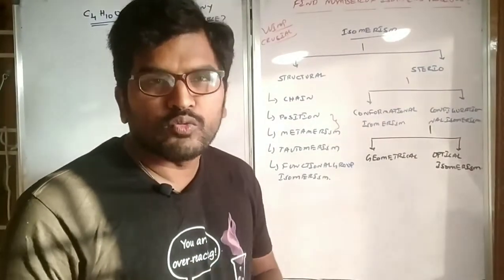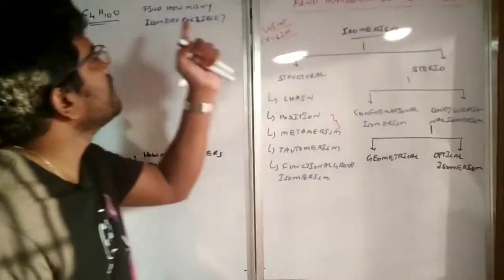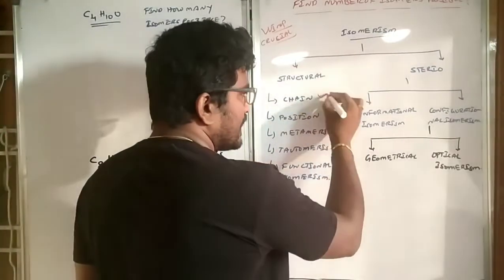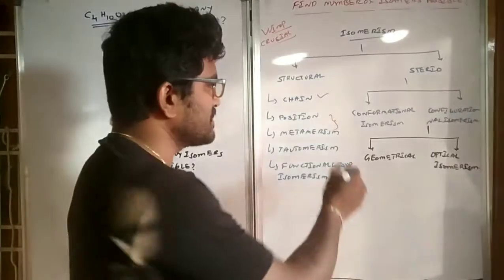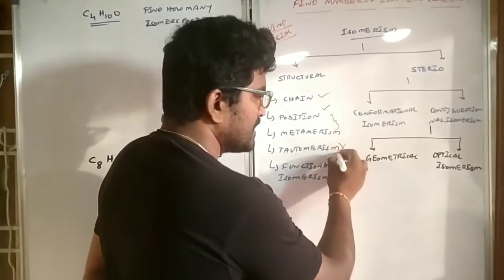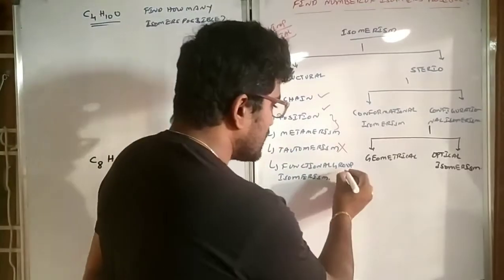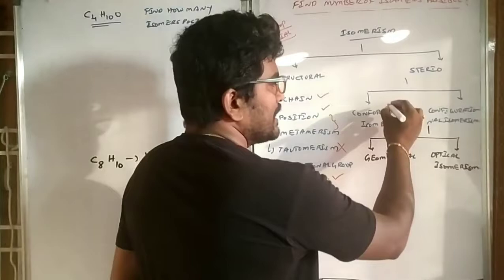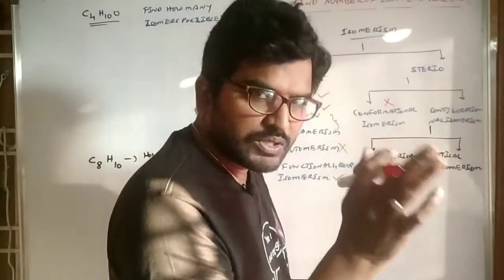Let me make one point very clear. Whenever they ask you to find the isomers, you have to find how many chain isomers are possible, how many positional isomers are possible. Tautomerism, no need to apply. You have to identify how many functional group isomers are possible. Conformational isomers, no need to calculate.